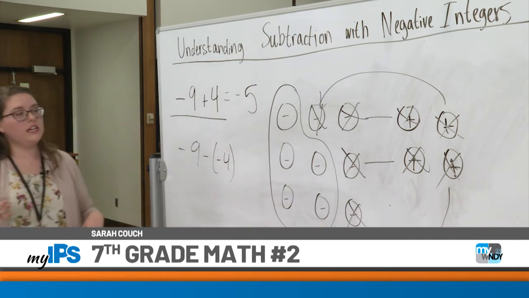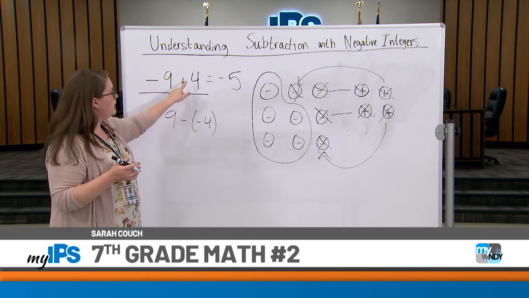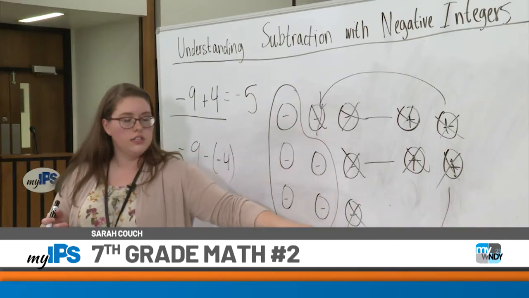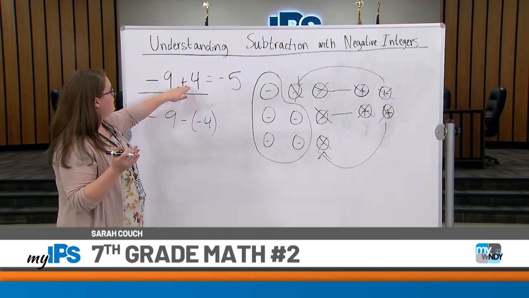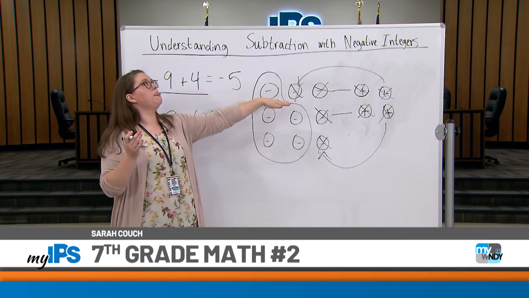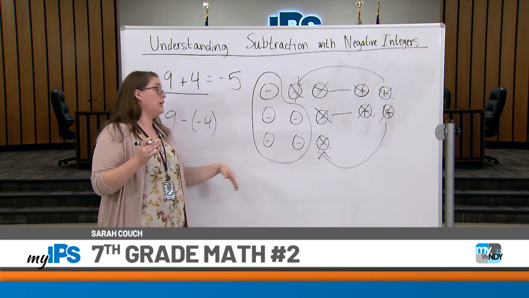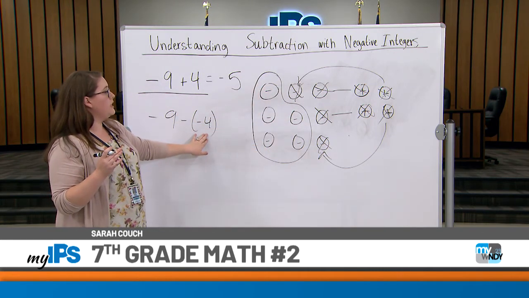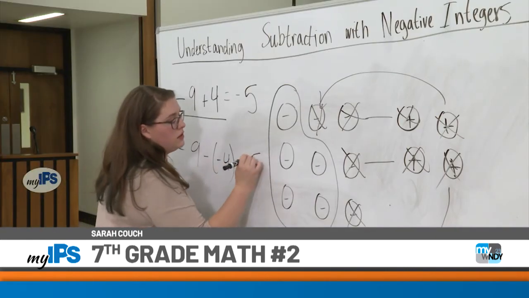But the interesting thing is that we ended up with the same result because we still eliminated 4 negative integer chips. We just did it 2 different ways. So instead of adding 4 positives and canceling out some of those negatives, in one, we just took away the negatives entirely, but we ended up with the same result.